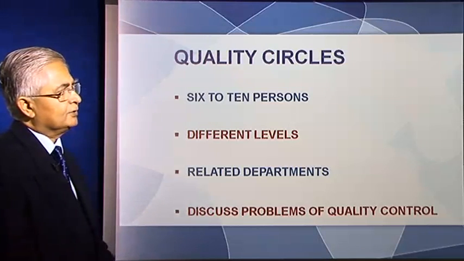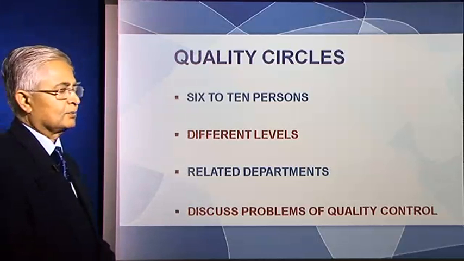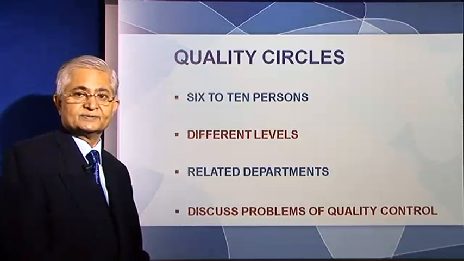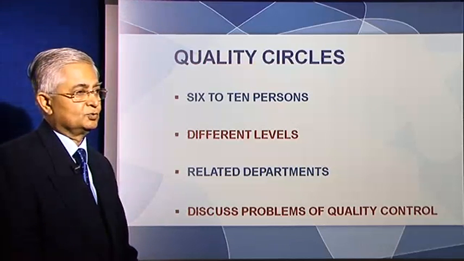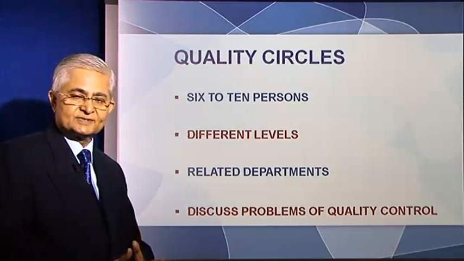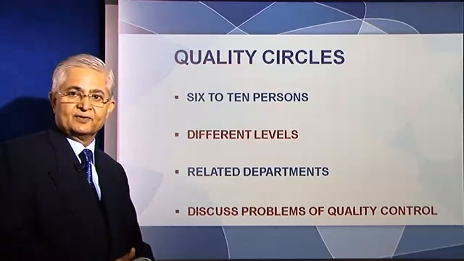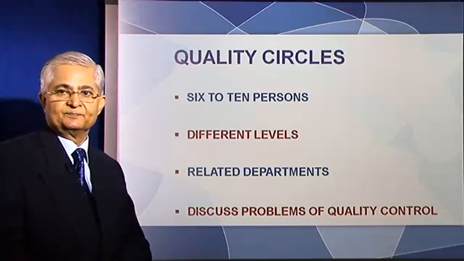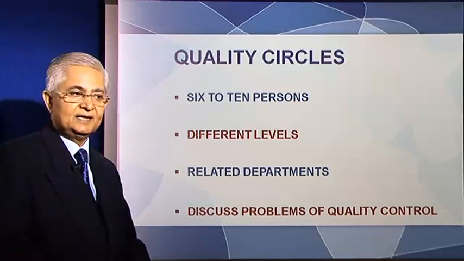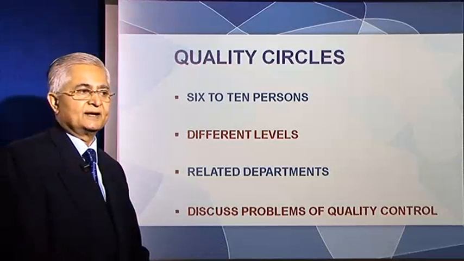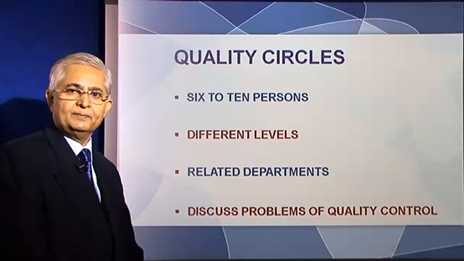Sometimes very original ideas come up in quality circles. For instance, it may occur to people that the quality process relates not merely to the final inspection, but equally to the raw material inspection, which is done by an entirely different set of people.